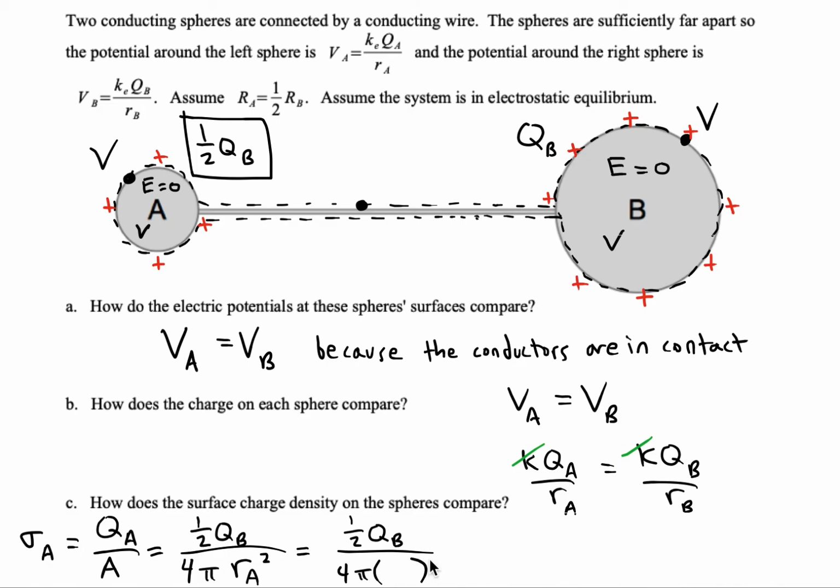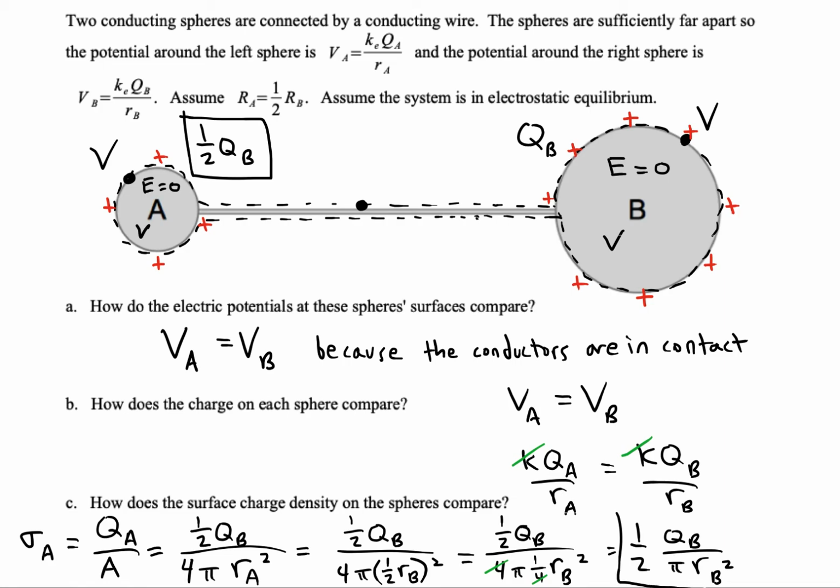And now let's plug in the fact that the radius of A is 1/2 the radius of B. All right, so we square that. We can cancel these, and we'll get 1/2 QB over pi RB squared.